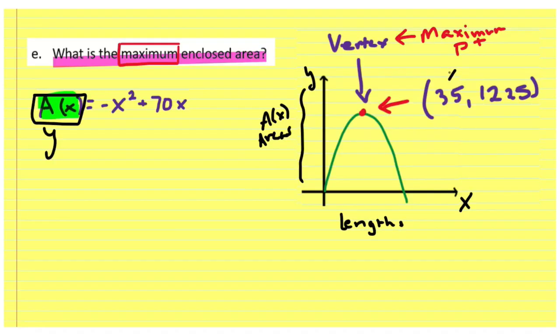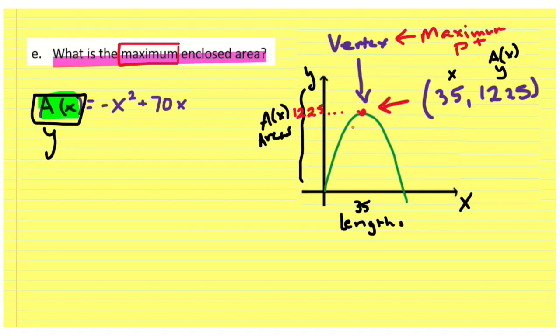So up here we have an x value, we have a y value, which is also the function value. It will actually produce areas. Whatever that y value is going to be an area number. So that means that the length at this vertex is going to be a length of 35, and it means that the area at this point right here is going to be 1225.